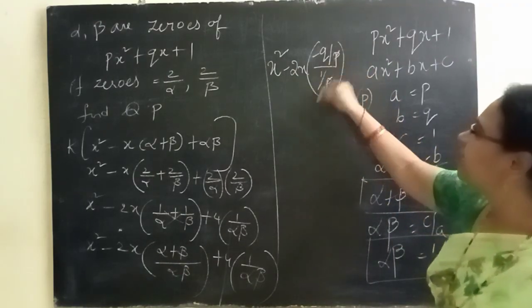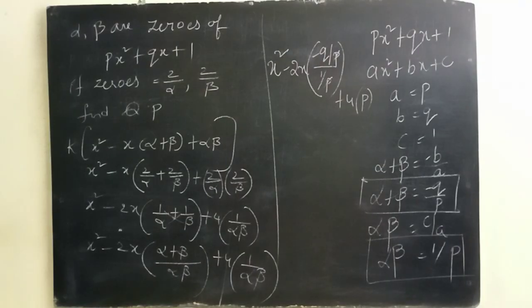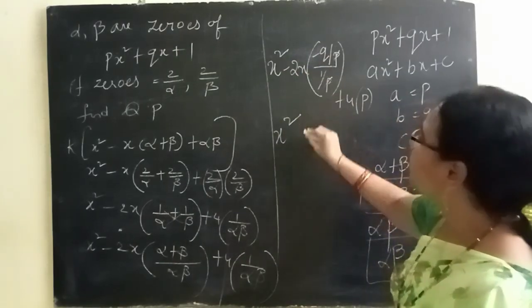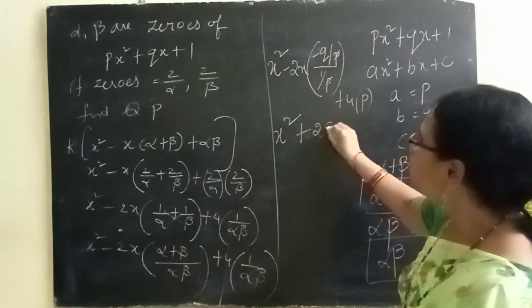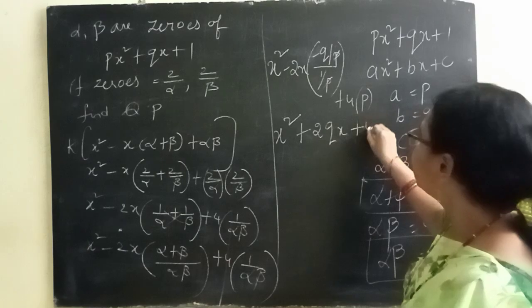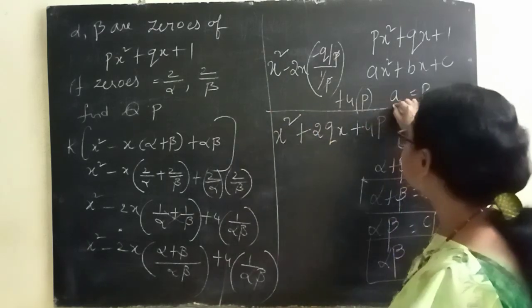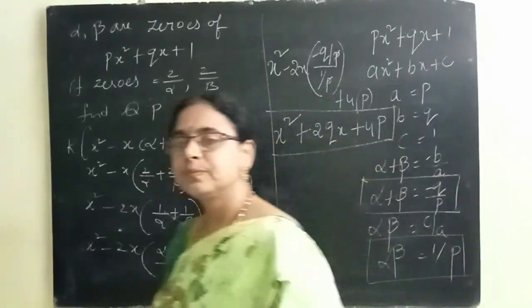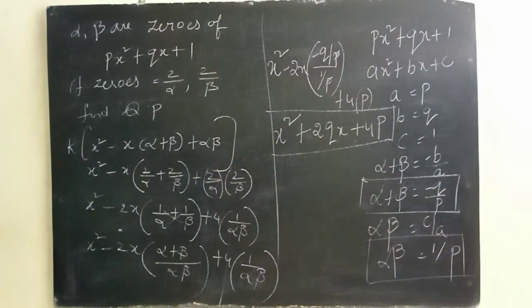Okay, here p, p are cancelled. Okay, then what is the answer? Can you say x square minus of minus, plus 2qx plus 4p. It is the answer. Understand? So x square plus 2qx plus 4p is the answer.